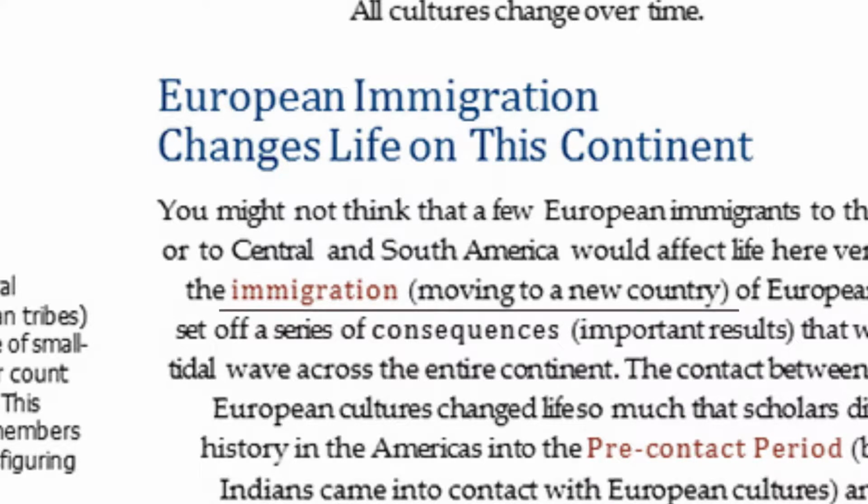Let's look at European immigration changes life on this continent and the subsection. So when you come to the word immigration, students may be confused. They may not know what that word means. But then you're going to see in parentheses, moving to a new country. The simplest and most concise and crisp definition of that word built right into the sentence.